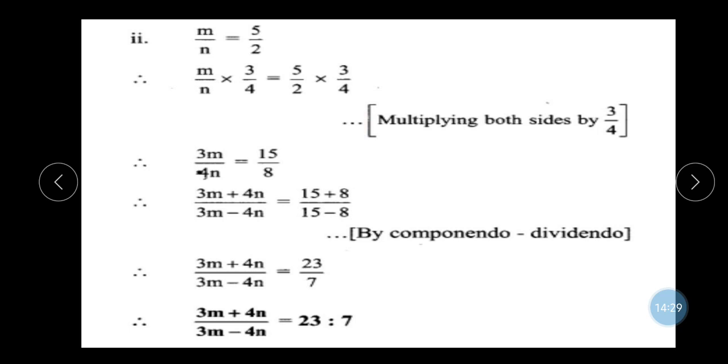We get 3 into m as 3m, n into 4 as 4n, 5 threes are 15, 2 fours are 8. Now by using componendo dividendo, we get (3m plus 4n) upon (3m minus 4n) is equal to (15 plus 8) upon (15 minus 8). Solving this, we get 23 upon 7. Final answer: (3m plus 4n) upon (3m minus 4n) is equal to 23:7.